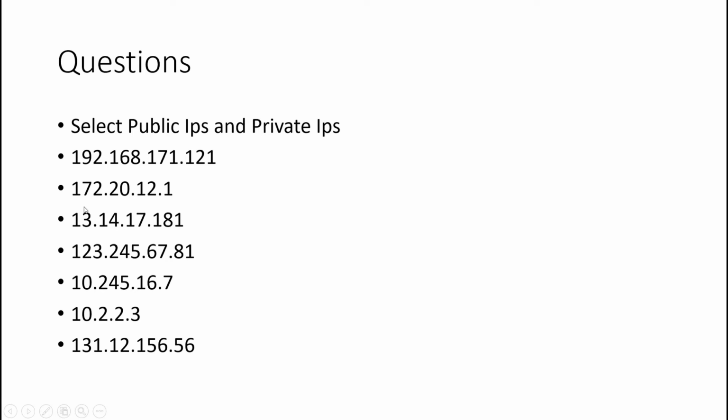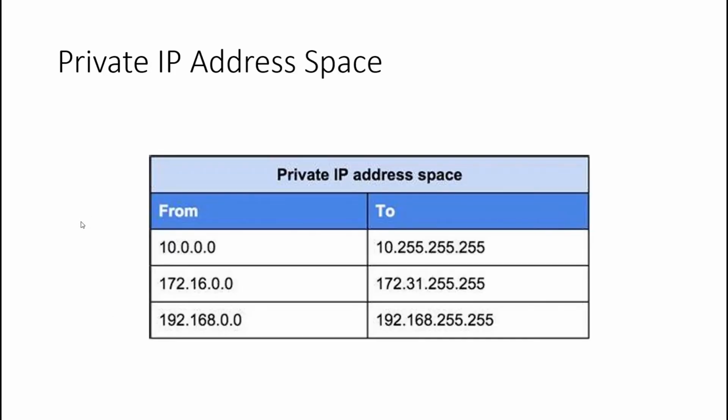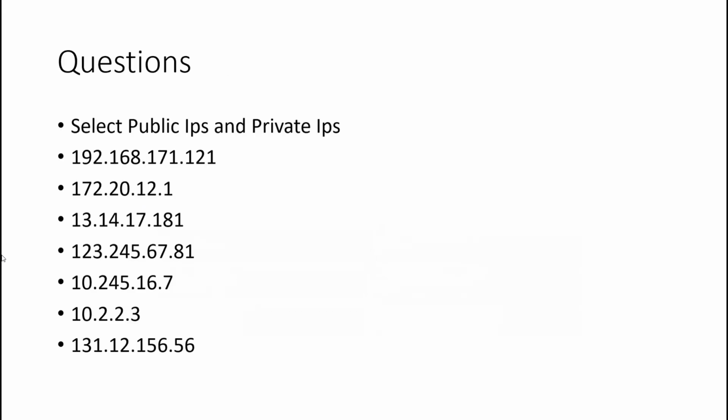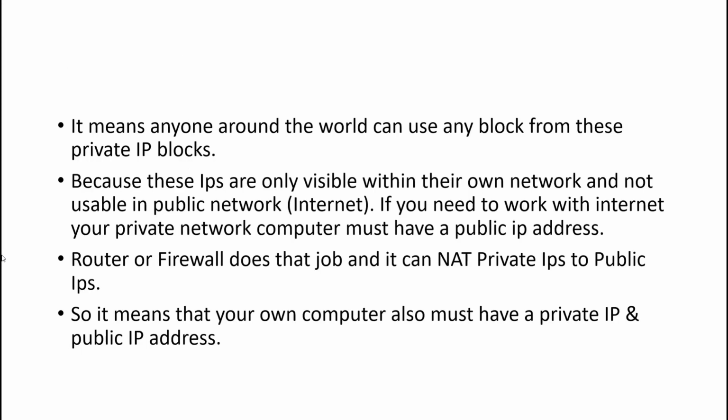The third one starts with 13. Coming back to my table, you can't see any private range for 13, so this is not a private IP address, this is a public IP address. The fourth one is also a public IP address, because there is no private IP range for 123.